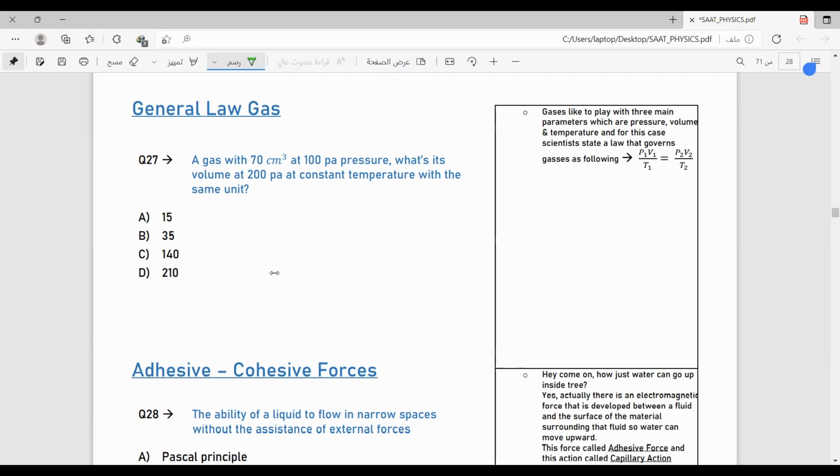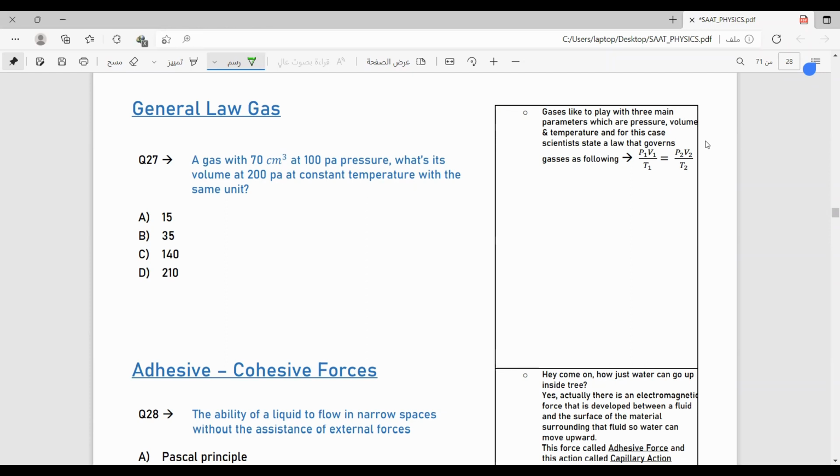Again, it happens that if you have a gas with a situation of pressure equal to something, volume equal to something, temperature equal to something, and at the same time, for the same gas, you make a little change in the pressure and in the volume, for example, using this law, you can find the temperature, for example, the unknown thing.